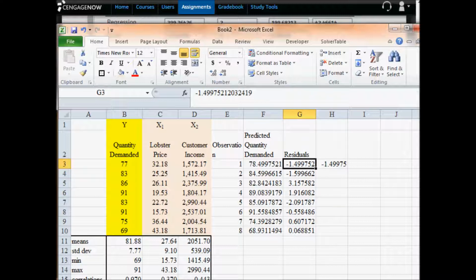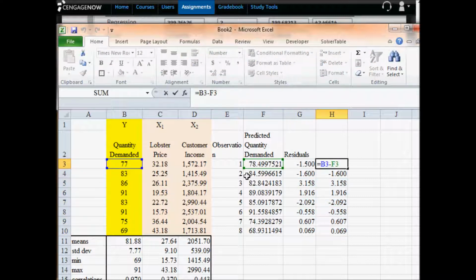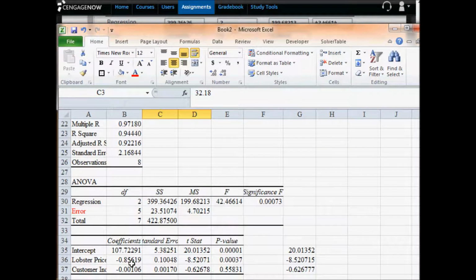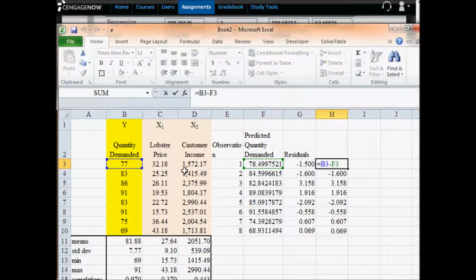This is a measure of the error in the model for a particular observation. And we can finish calculating all these residuals that Excel has already calculated for us, right? So Excel essentially plugs this into our equation here to get the predicted value, and then Excel takes the observed quantity demanded and subtracts off the predicted quantity demanded to get the residual.